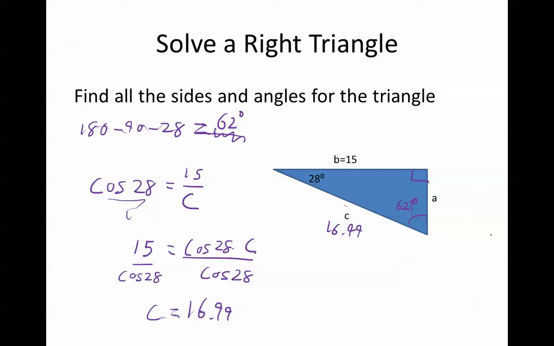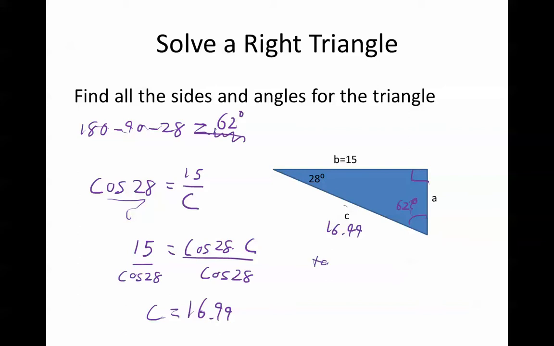Now, I'm not done because I still need to find this a value. And so I could do it the same way. Use this angle, opposite, adjacent. So I could use the tangent to find it, or I could use this angle and go opposite, hypotenuse, and use the sine. Either way works, right?